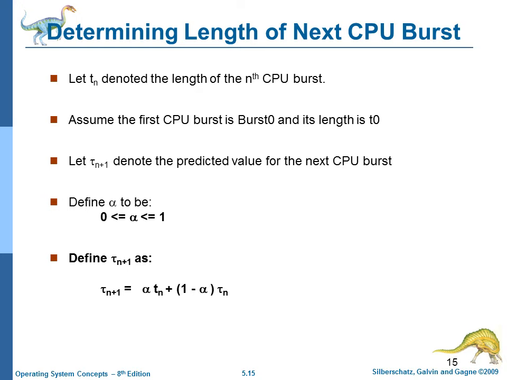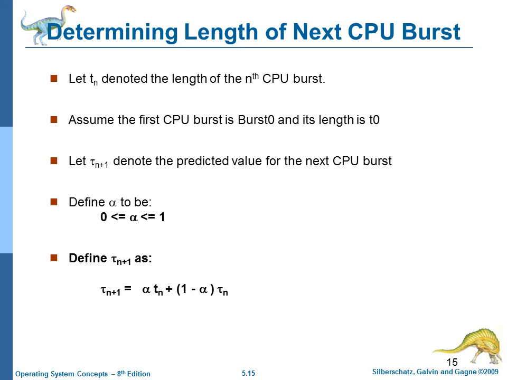If alpha is 1, then the past history is ignored, and we assume that the next burst will be the same length as the last burst. If alpha is equal to 0, then all the measured burst times are ignored, and we just assume a constant burst time. Most commonly, alpha is set at 0.5.